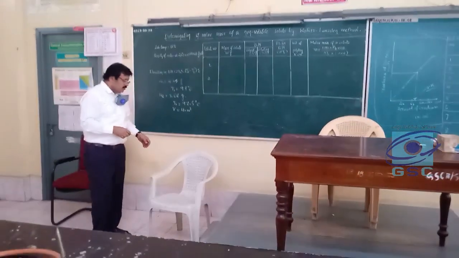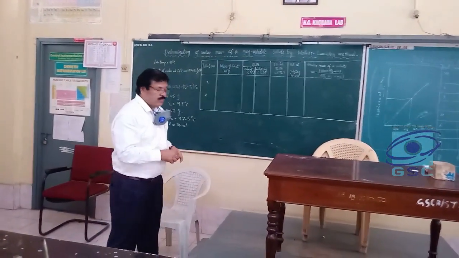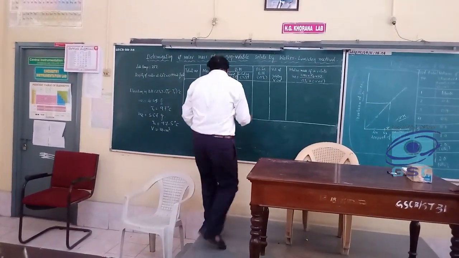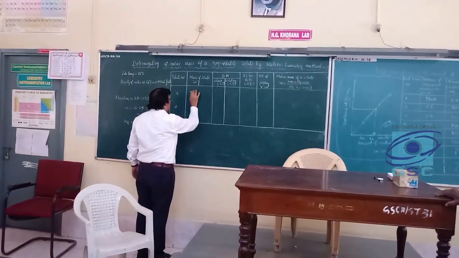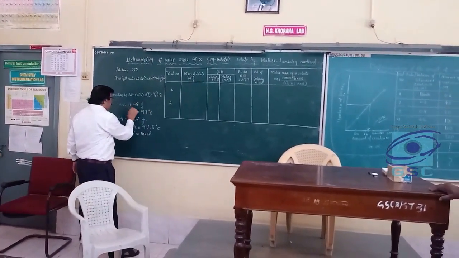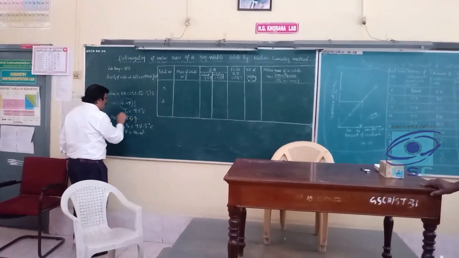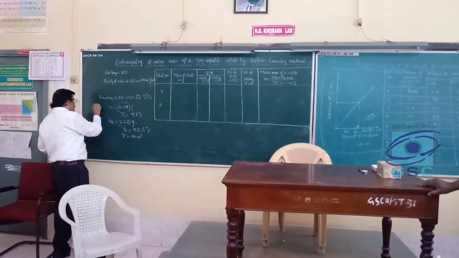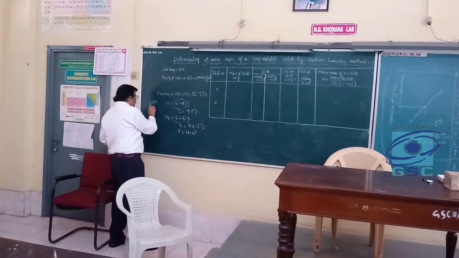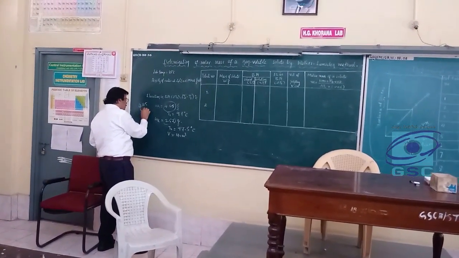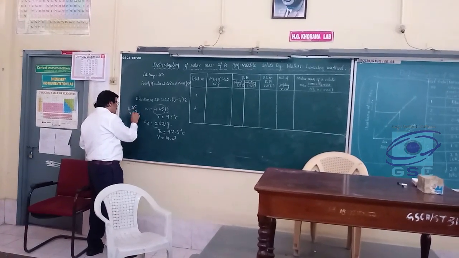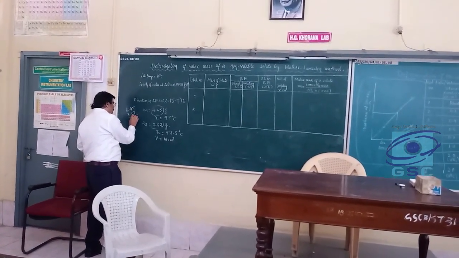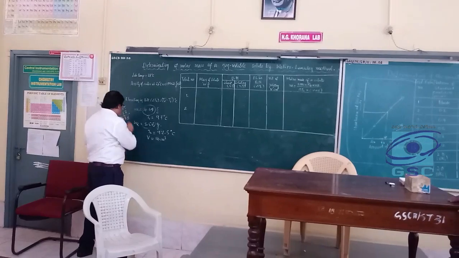Using these values, we can find out the value of molar mass for the first trial. The amount of solute taken for the first trial is given by the difference between these two, that is 4.45 before transfer and W2 after transfer. The value is 0.88 grams.